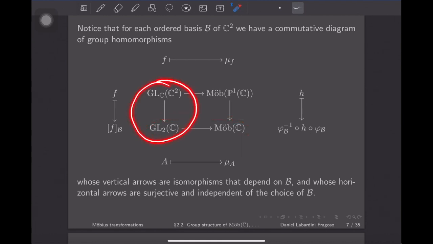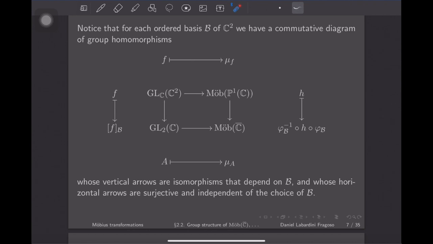These two groups, and in particular this one, are very concrete groups. They really are defined as just 2 by 2 matrices of non-zero determinant. This one is a bit more abstract, but still very concrete.